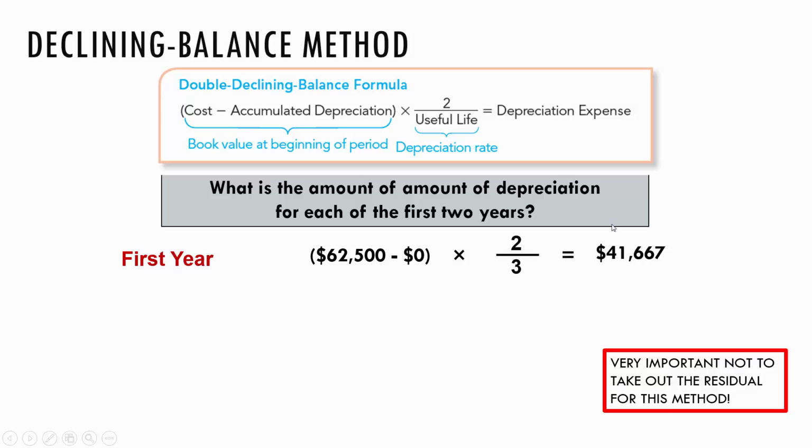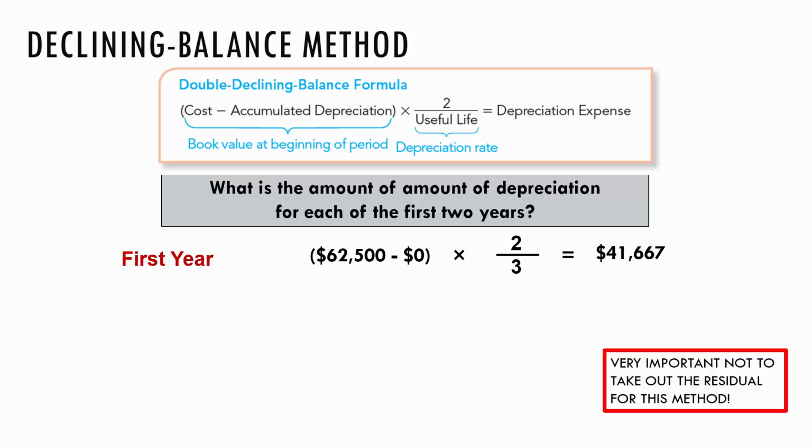And I want to talk a little bit about this number. When you work in Connect and you get to these problems, you will notice that when you make the calculation, you may not come up with a number that is precisely the same as one of your options in Connect. Now, the reason for that is because of rounding.